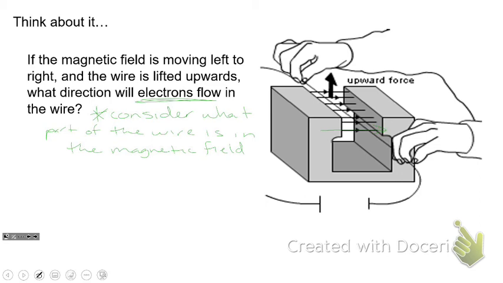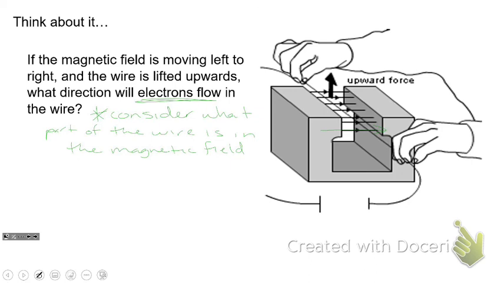What direction will electrons be deflected in the wire? Or which way will electrons flow in the wire, right? Because when we put this into a magnetic field, the magnetic field is going to push those electrons, right? We're okay with that? Okay? So what direction are they going to flow? What way will they be pushed?